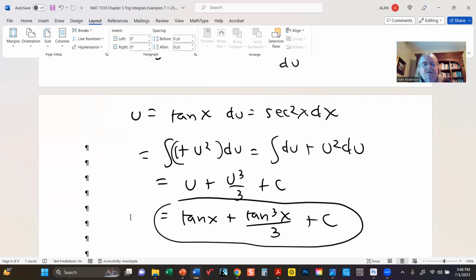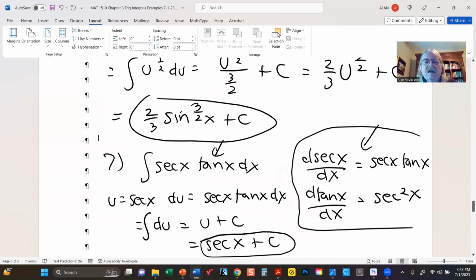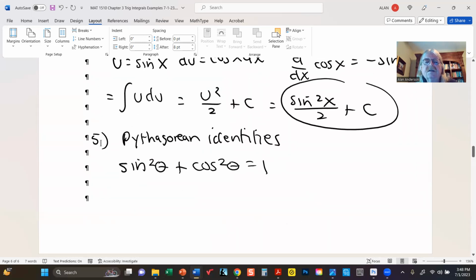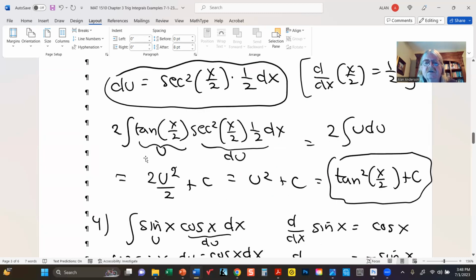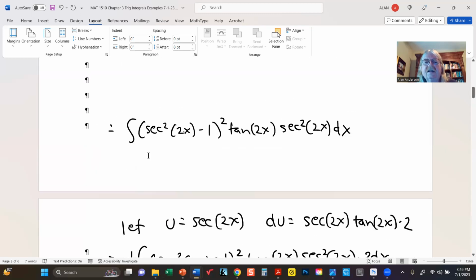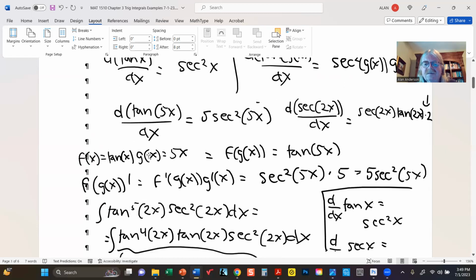Ooh, okay. So we can do a bunch more of these, but I think at least we've attempted several fairly messy cases so we can see some of the different techniques that can be used to solve these trig integrals. Like anything else, practice makes perfect, but after a while you start to recognize certain patterns.